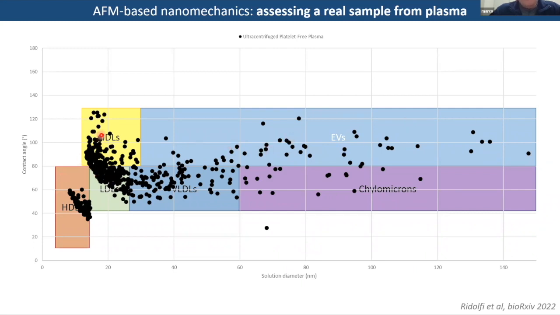So is that meaningful? Is that representative of what you actually got in the sample? Well, it is, provided that you assume that all of the objects that you had in solution at equilibrium reached the surface. How can we check if this is a reasonable expectation?